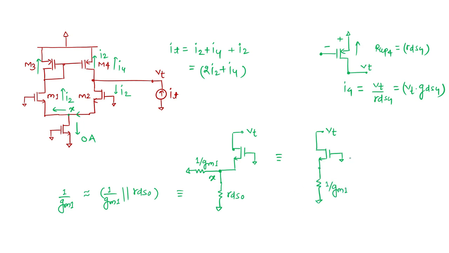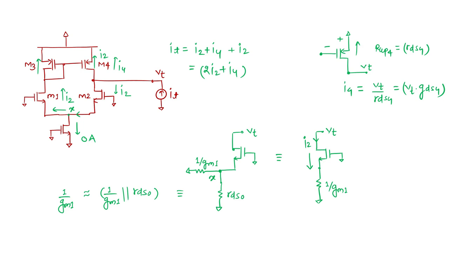So here we can have all three components. This is my I2, and I want to calculate it. I can have a body effect component and another component here as well. If I want to calculate effectively the looking down impedance for this transistor M2, then I can see exactly what is happening.